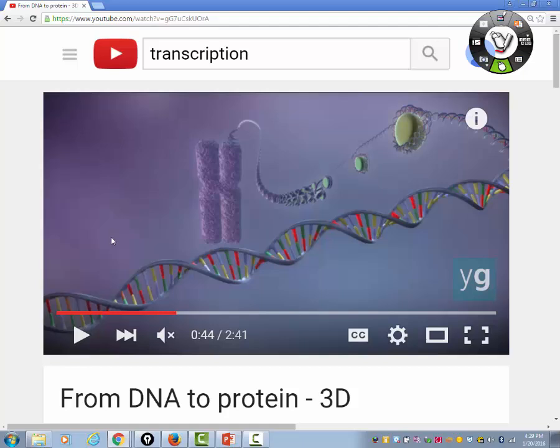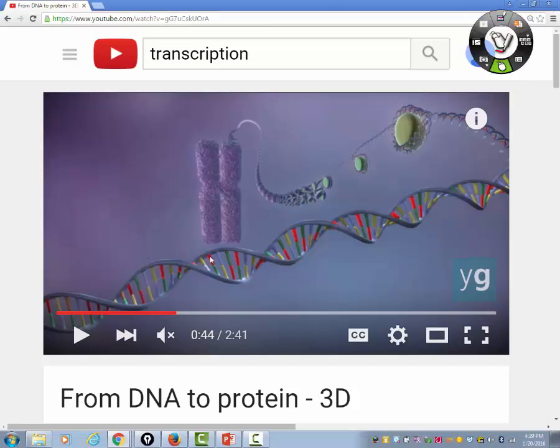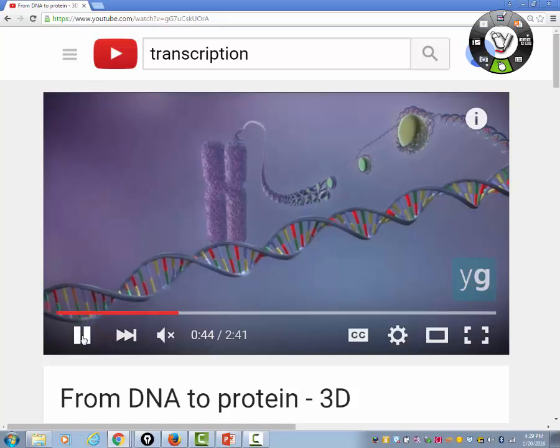And when a cell is going to make a protein, it cleaves those bonds between the A's, the T's, the C's, and the G's, and it reveals the 2 rails of DNA.